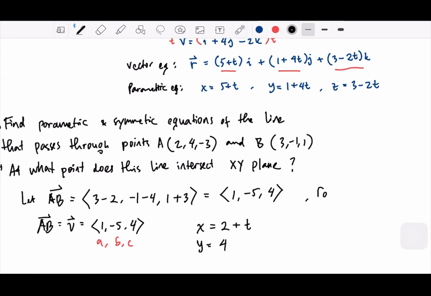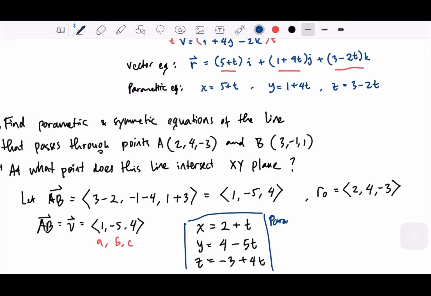So r0, we can set as 2, 4, and negative 3. So y is 4 minus 5t, and z is negative 3 plus 4t. So we set up the parametric.